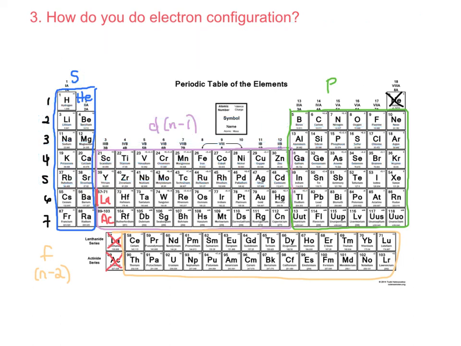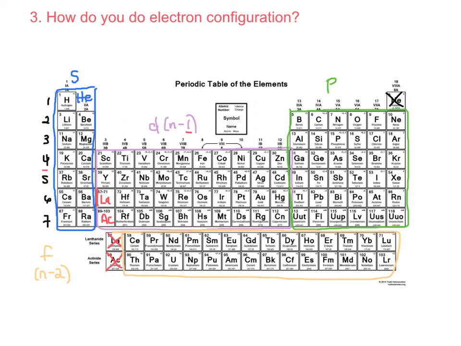So before I end this video, I wanted to just show you one last thing, and that is the F block at the bottom. So remember with our D block, when we got to the D block, we subtracted 1 from whatever row you were in.